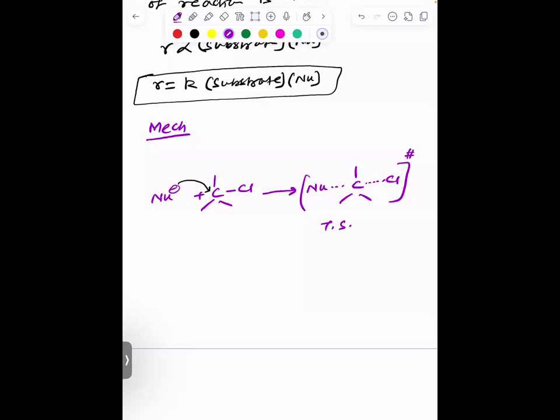Both the leaving group and nucleophile are simultaneously attached to the carbon center. Then the nucleophile makes a permanent bond and the leaving group is released from the carbon center.